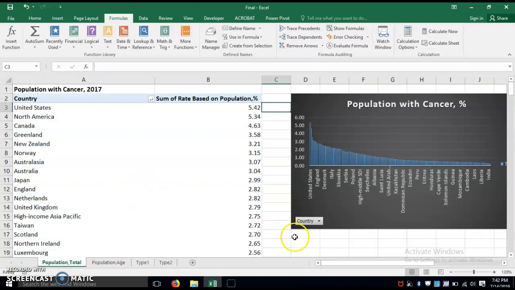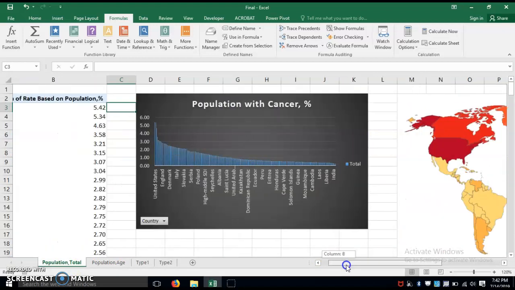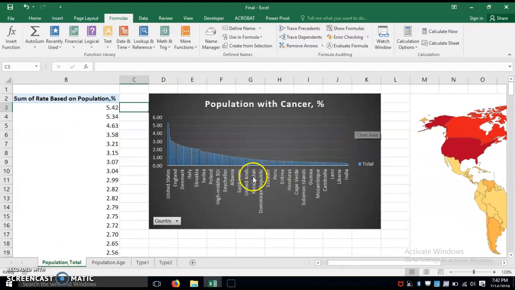Let's see here. I created the pivot chart that shows the nice curve, so we can see a list of countries having the highest rate of cancer and the least rate of cancer.